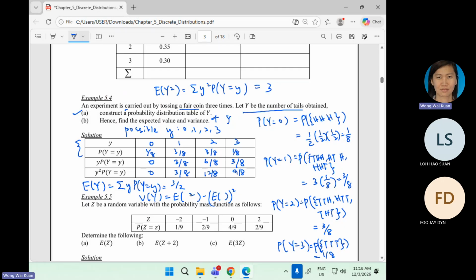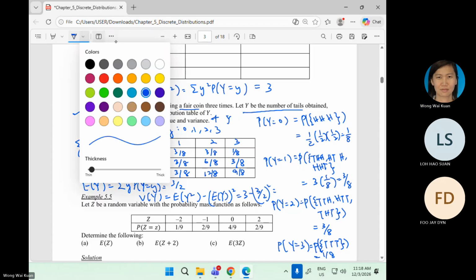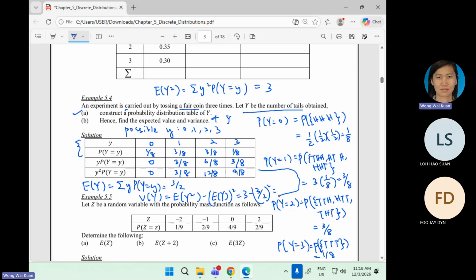It is 3. So the variance becomes 3 minus (3 over 2) squared, and you get 3 over 4. Okay with that?